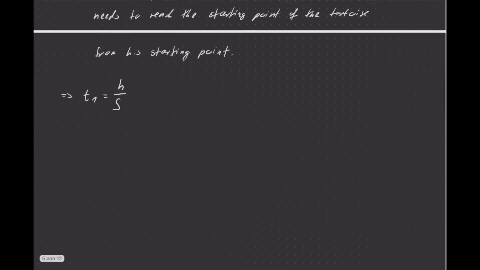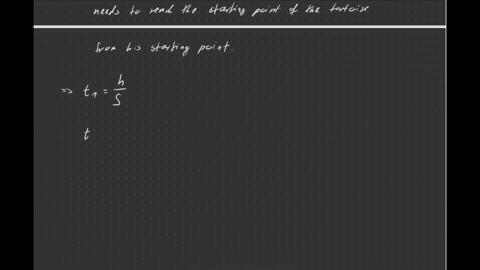Now what is t2? Now the second time interval here, in that Achilles needs to cover the distance that the tortoise covered when he ran that first part. So how much distance did the tortoise cover in that time?